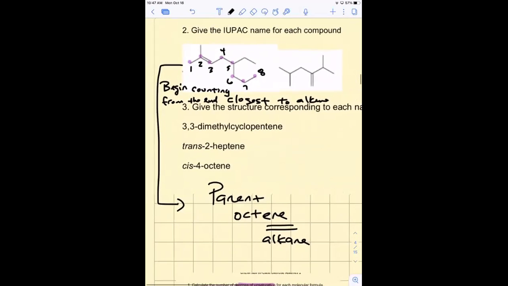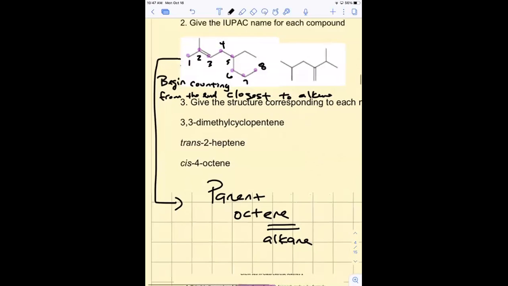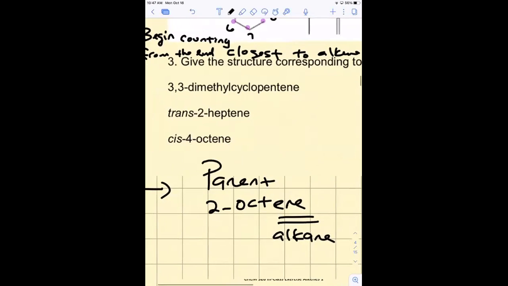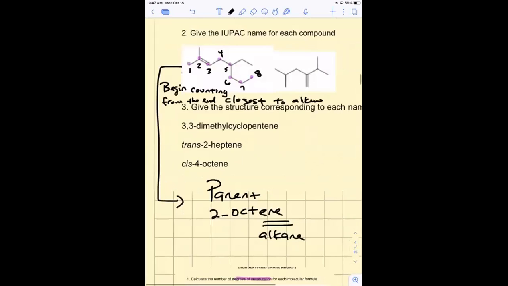Then if you notice, the alkene is located between 2 and 3, is that right? Yes. So the address for the alkene we're going to put with the parent, and we're going to give it the number 2 because that's the lowest number. If it's between 2 and 3, you give it 2. So you say 2-octene. If it was between 3 and 4, you say 3-octene.